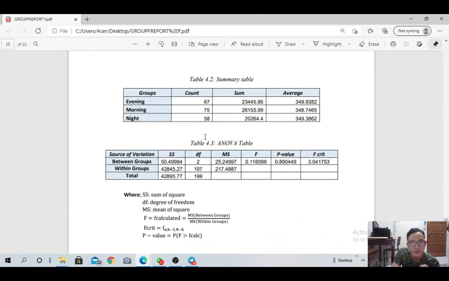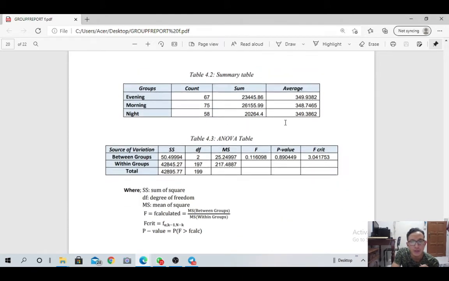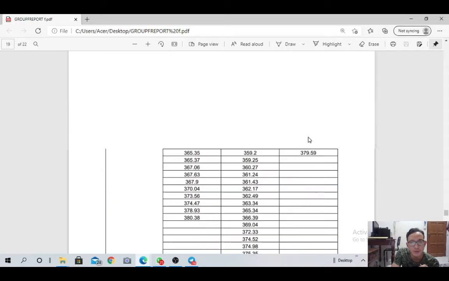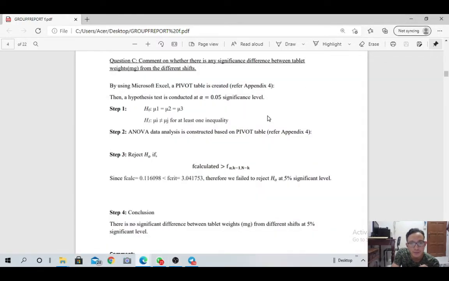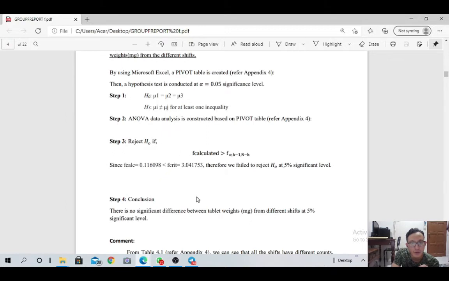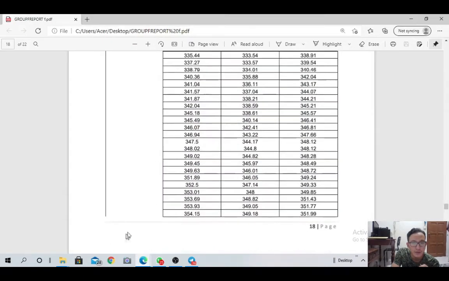Here is the pivot table, and then we create the ANOVA data. So this is the ANOVA data.